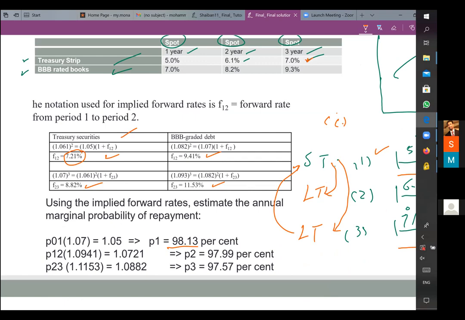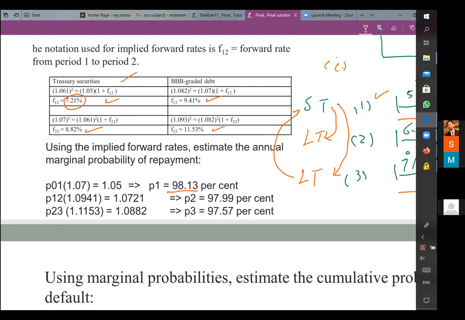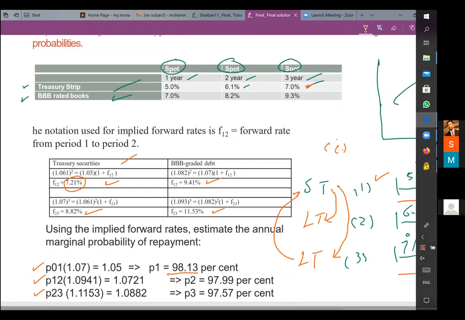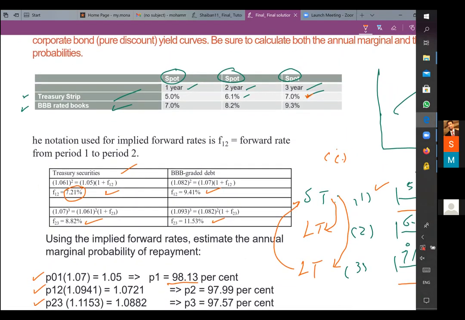And when I reach this position now, I am really able to calculate the probability of payment for year 1, probability of payment for year 2, probability of payment for year 3 from those numbers. They are ready. For example, for year 1, I don't have to do too much because it's only this one over this one.